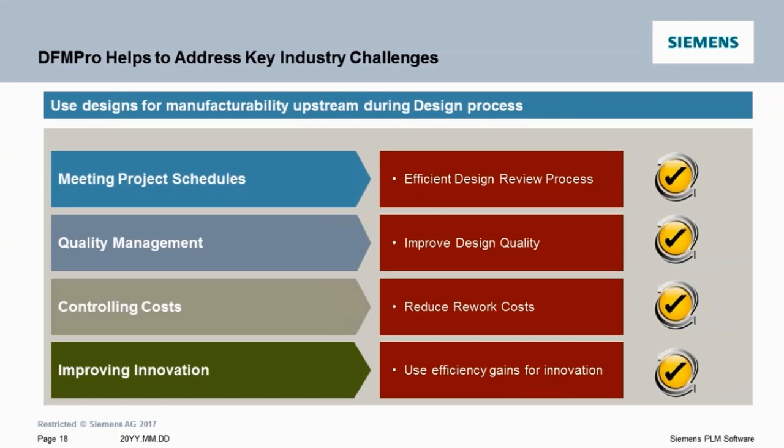So this is how design for manufacturability can help all product companies, and it applies, as you see, to every manufacturing process that we have. It is not an industry standard but a manufacturing process standard, so it applies across industries.